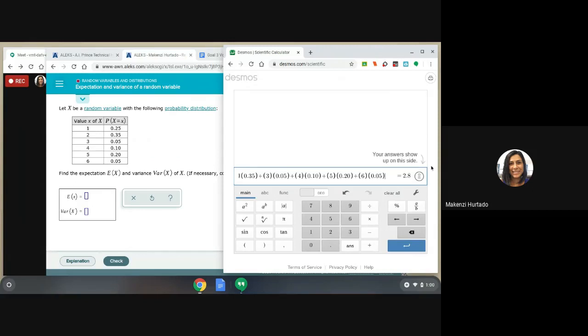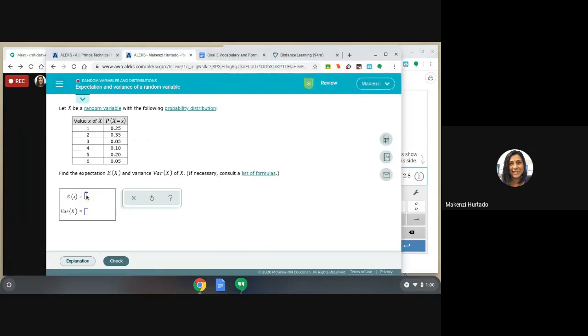And we get an expectation of 2.8. So that's going to be our first answer, 2.8.